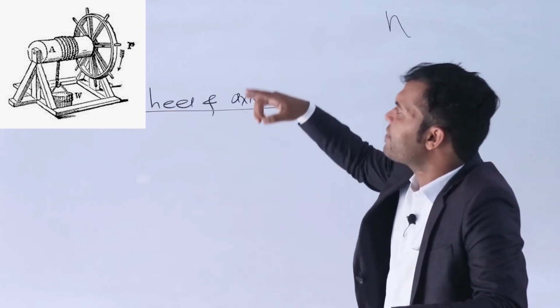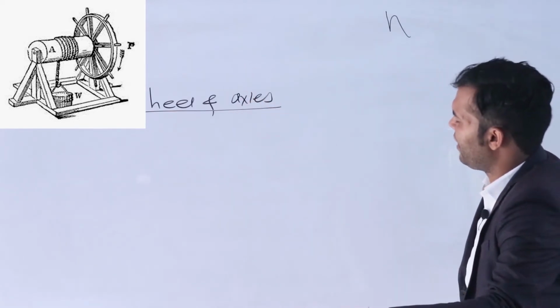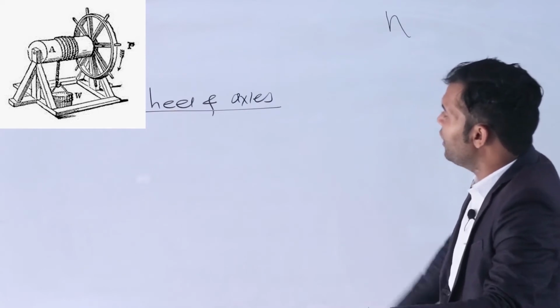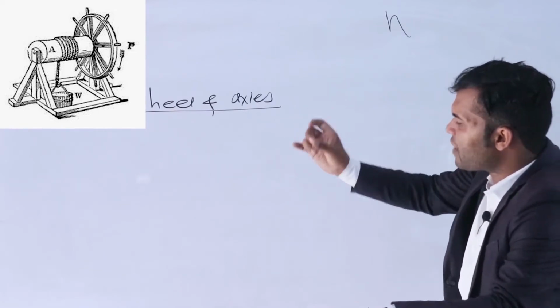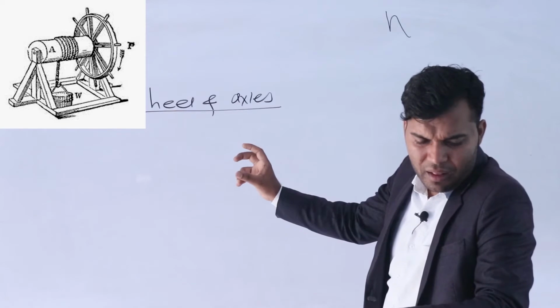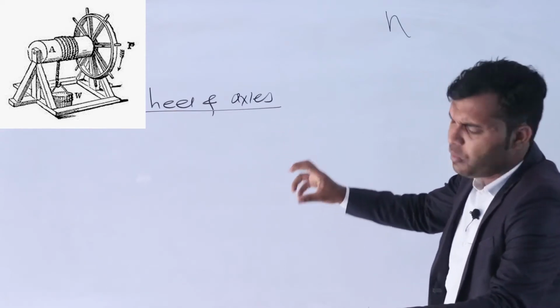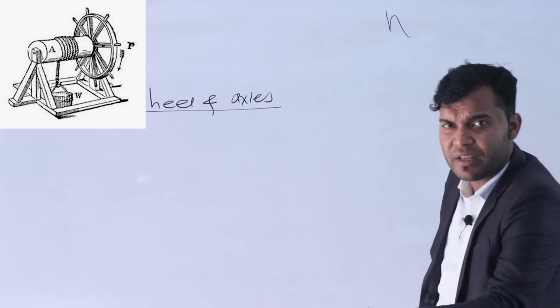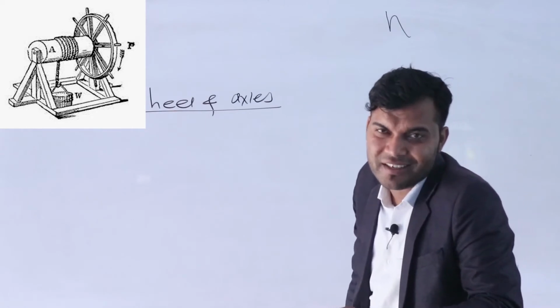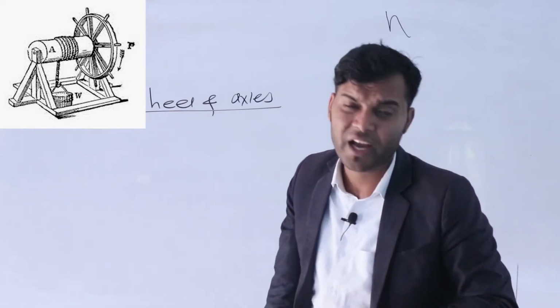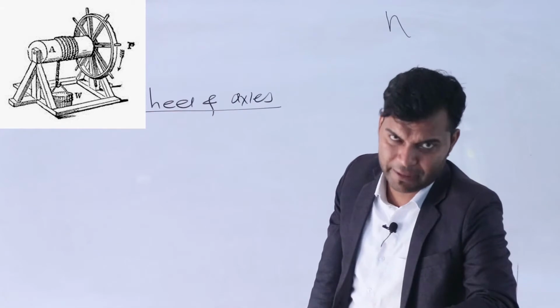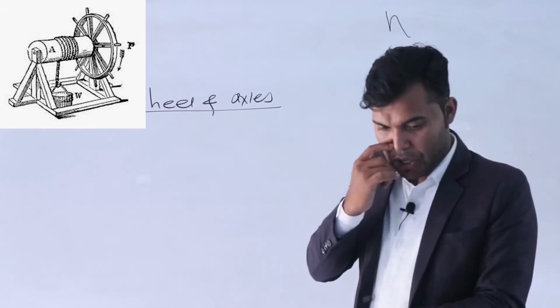One has the larger diameter, which is called the wheel, and the other has the smaller diameter, which is called the axle. I hope you are clear on the topic of wheel and axle.